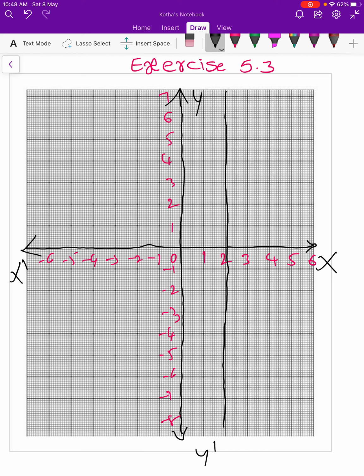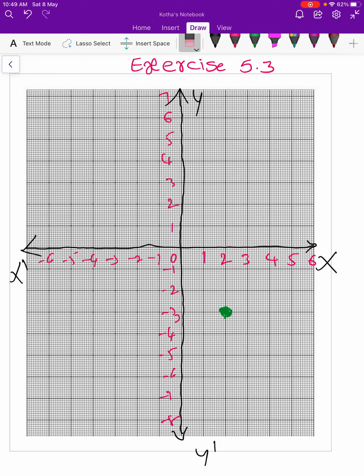This is 2 on the x-axis and the y coordinate is given as -3, so this is -3 on the y-axis. Where these two lines touch each other, that point will become 2, -3. These two lines are just for understanding purposes only.